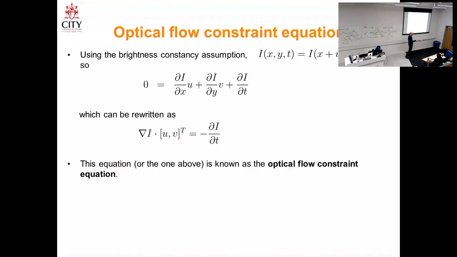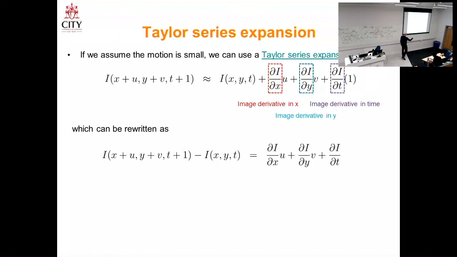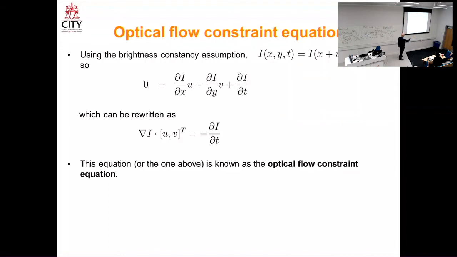Just like we said before, we know where those pixels are moving based on u and v. So these two brightnesses should be the same because I've got that same brightness somewhere else in the next frame. So this term on the left side is actually 0. I've made that assumption, and now I've got all of the terms on the right side of this equation.